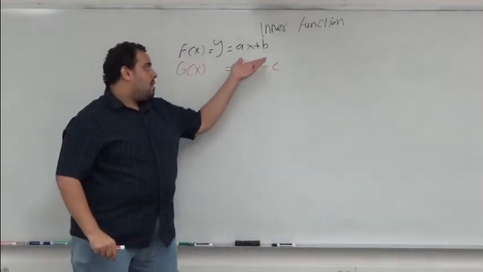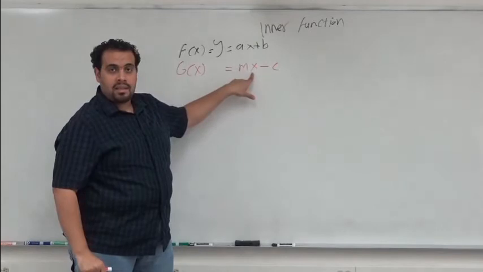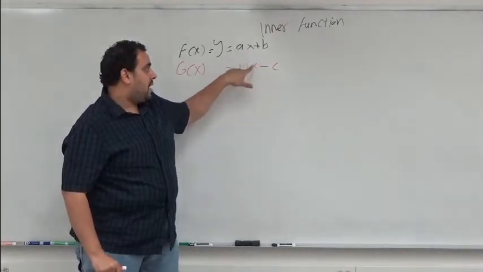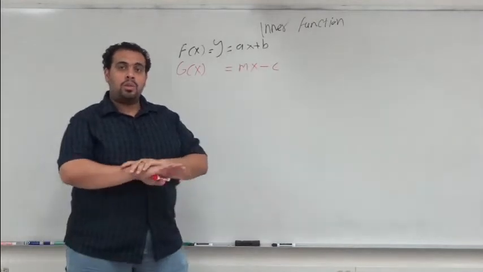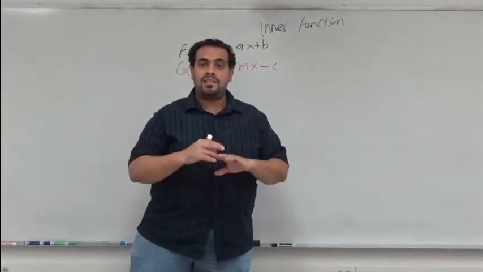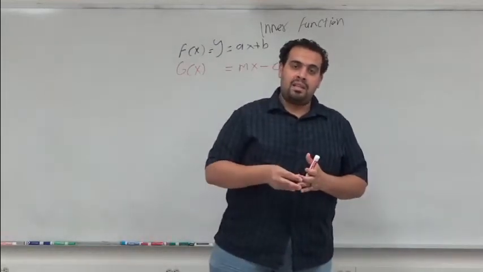They have something in common, which is x, but both functions are totally different. They are two different, separate things, and we need to put one of them inside the other.